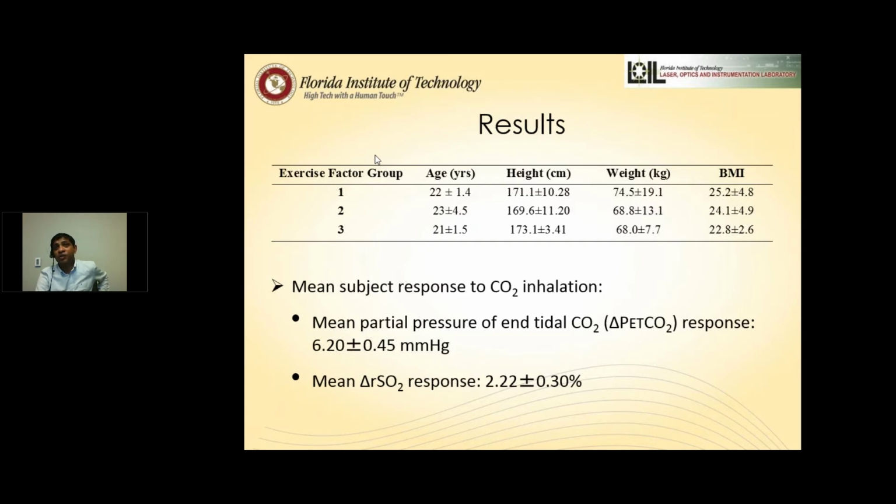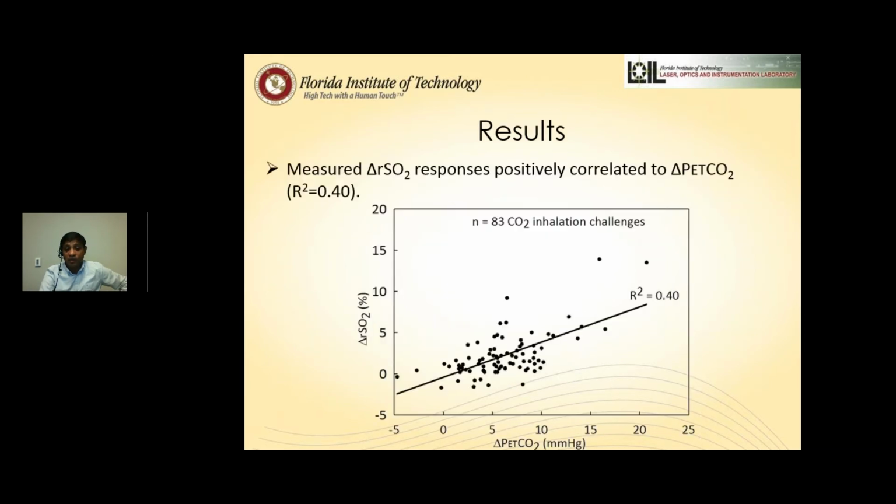And so we are able to measure the regional oxygen saturation values as a function of the end-tidal CO2, because that was our goal. By doing so, we could see that our response was very linear, and we got a strong correlation, because these are healthy subjects. If you increase their arterial CO2 levels, they should respond with higher regional oxygen saturation values.